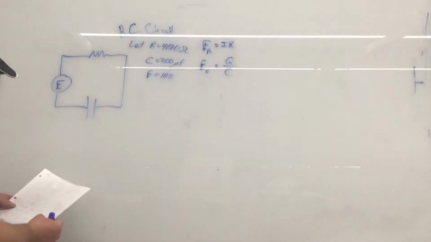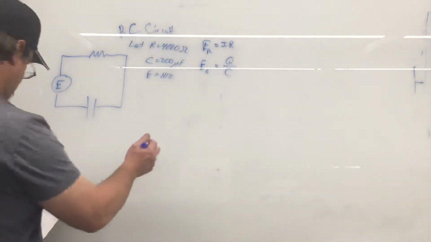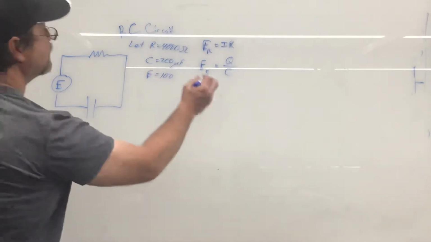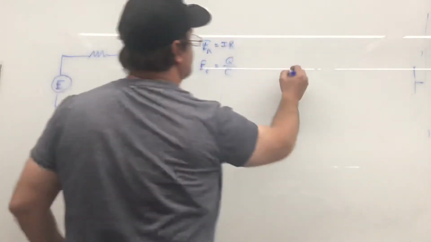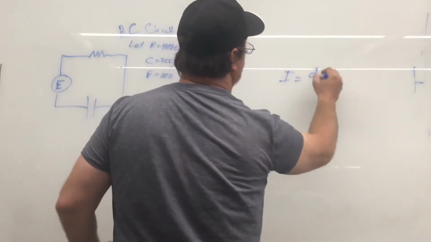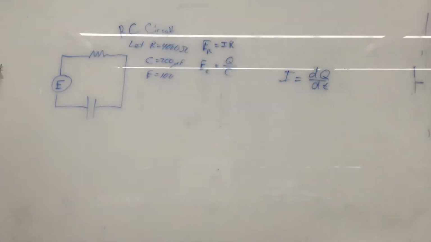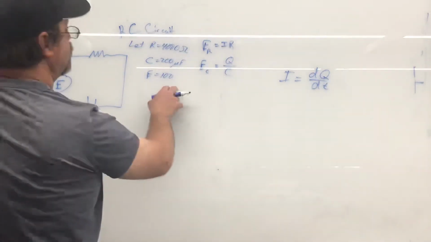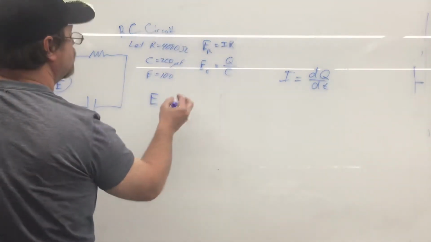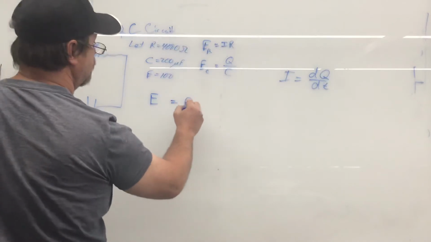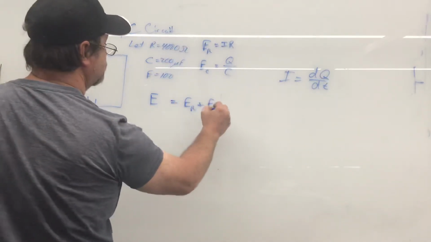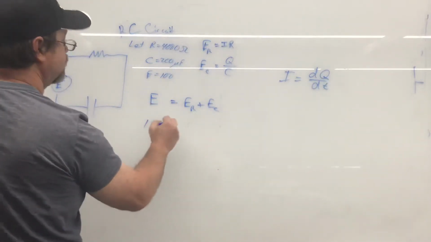And so it turns out that the I that we have from right here is related to the number of charges. That's how rapidly the charges move as a function of time. Okay? Derivative of charge with respect to time. So our E would be equal to ER plus EC. E is 100.